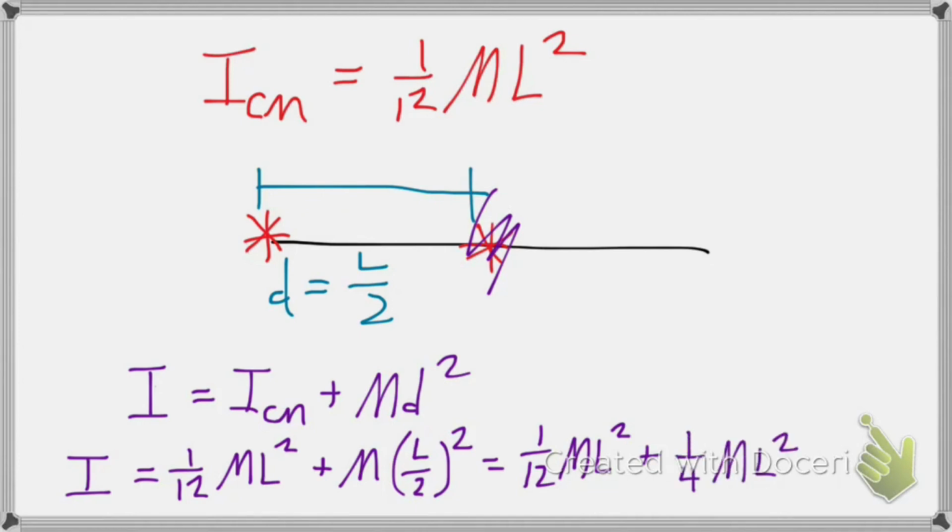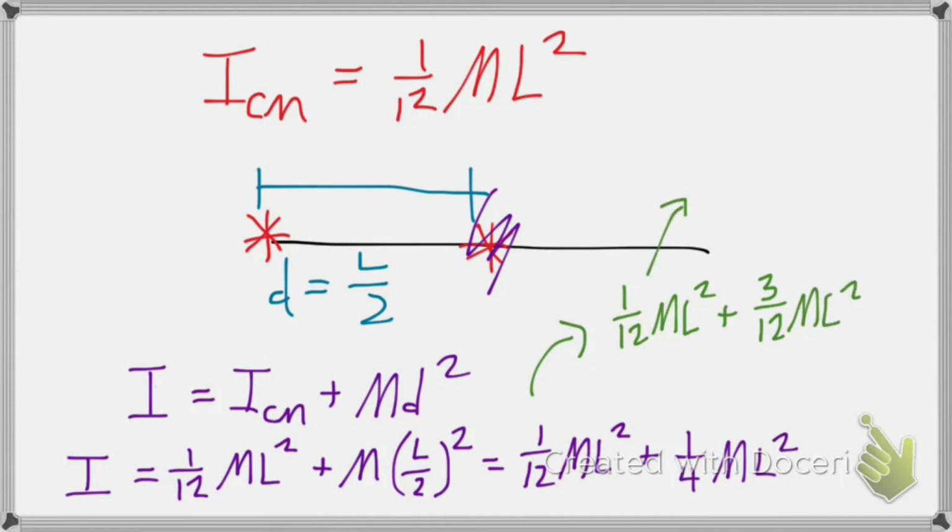As you add fractions, you got to find a common denominator. So this is going to turn into 1/12 ML squared plus 3/12 ML squared. Well, by golly, that's 4/12 ML squared, which is simply 1/3 ML squared, which is exactly what we got doing it the calculus way.